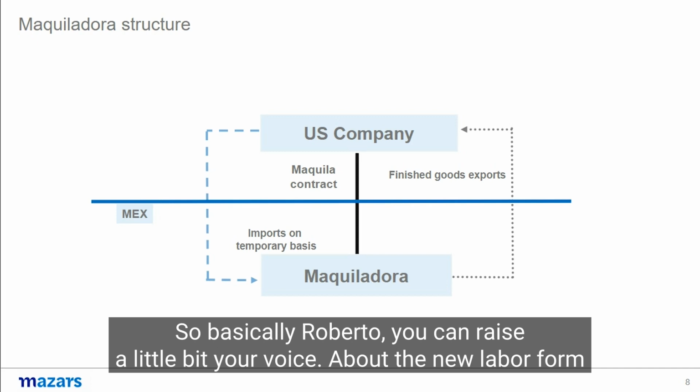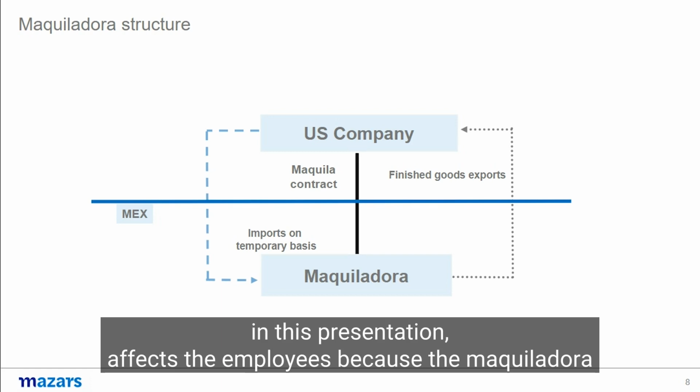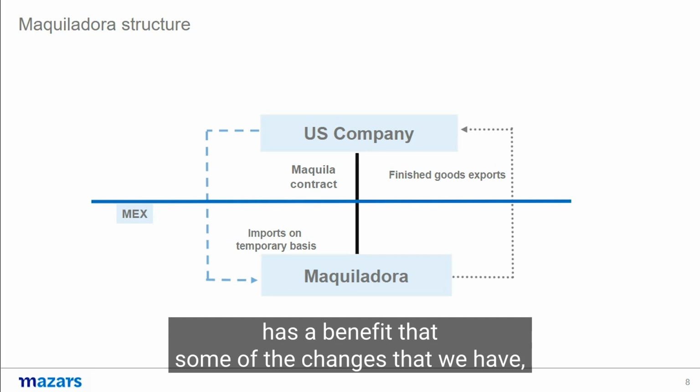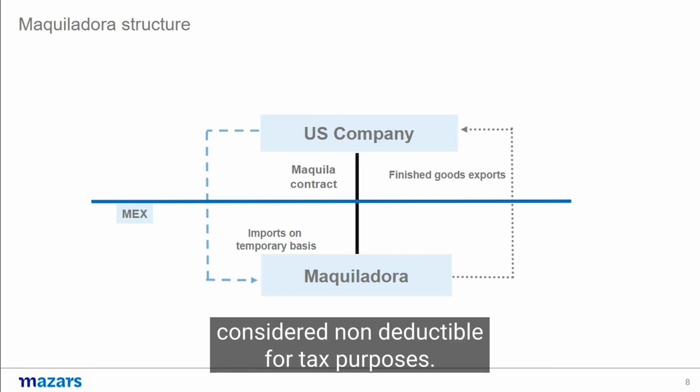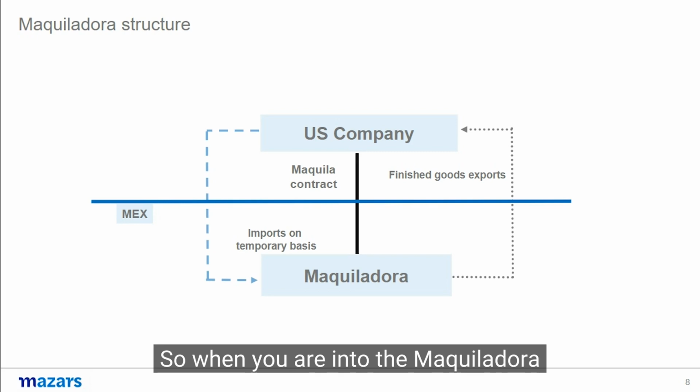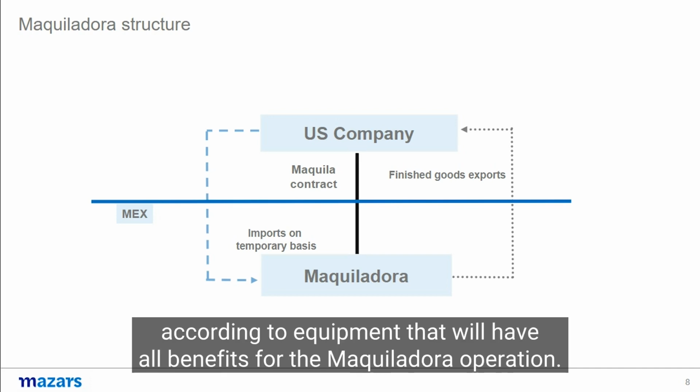About the new labor reform, actually it is something that we will discuss in this presentation. It affects the employees because the Maquiladora has a benefit that some of the changes that we have, for example, for the exempt benefit that the employees have are considered non-deductible for tax purposes. So when you are in the Maquiladora program, basically those non-deductible expenses can be deducted according to the benefits that we have for the Maquiladora operation.